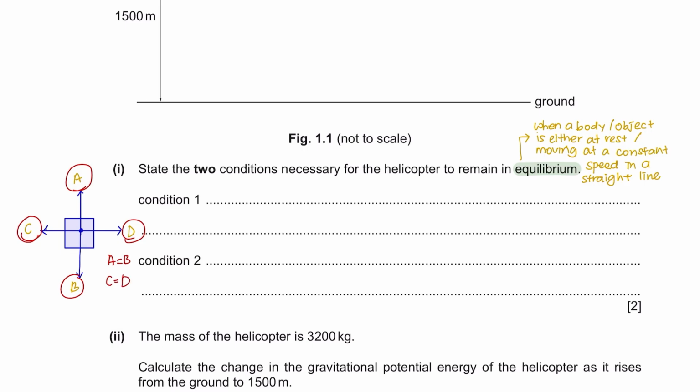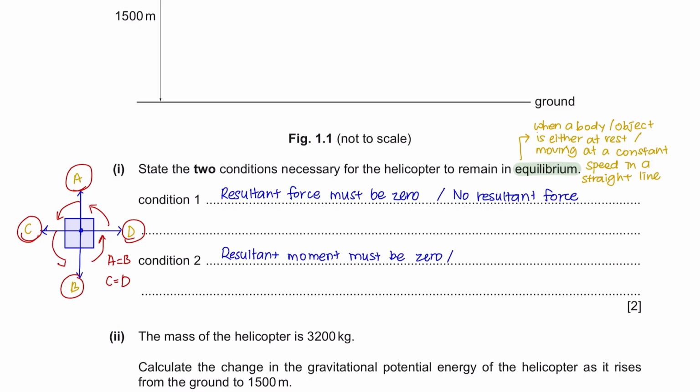So the first condition is the resultant force must be zero, or you can write no resultant force. And the second requirement for an object to remain in equilibrium is that the turning effect of forces must also be balanced. So we can write this as resultant moment must be zero or no resultant moment.